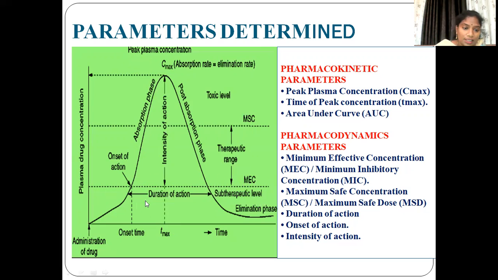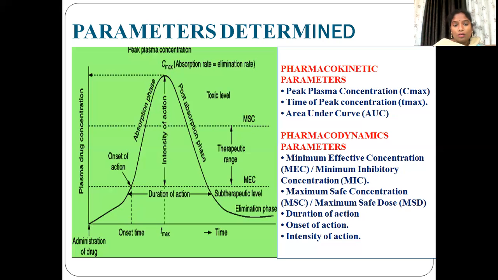Here, onset of action is also there. The onset of action is whenever the concentration reaches above the MEC level. After administration, we take the drug and it is absorbed within the body, but to show the action it needs some amount of the drug.